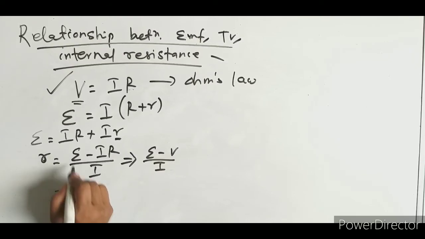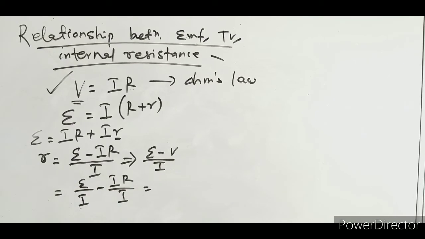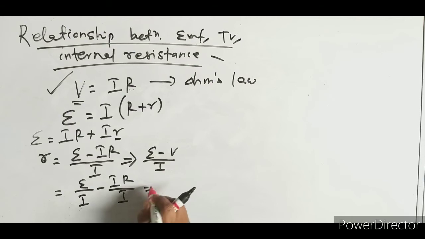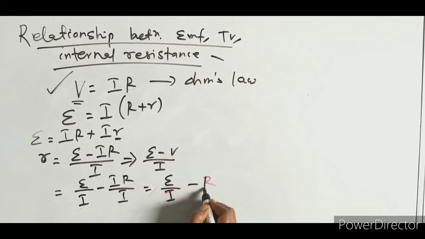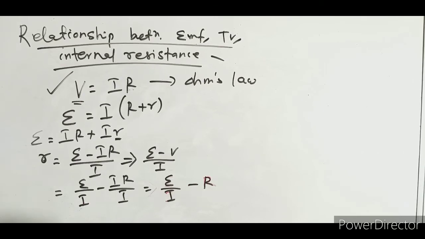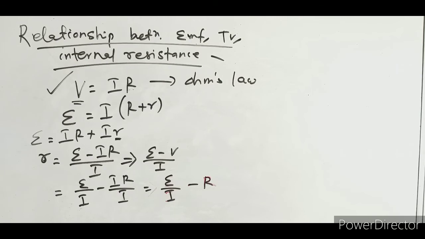If we divide E by I and IR by I, what I am getting here is E by I minus R. So here E by I minus R. This is also a value. Clear? Another also it can be. So all these things, nothing to learn by heart, nothing to worry, because everything is from one equation, and whatever data is given we can take.